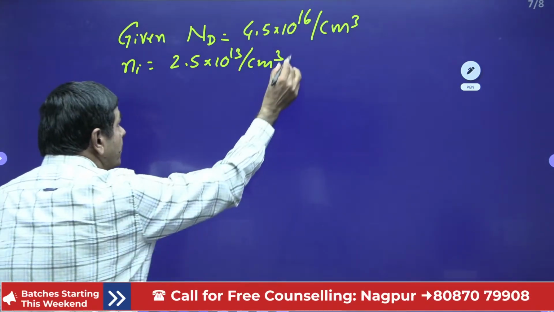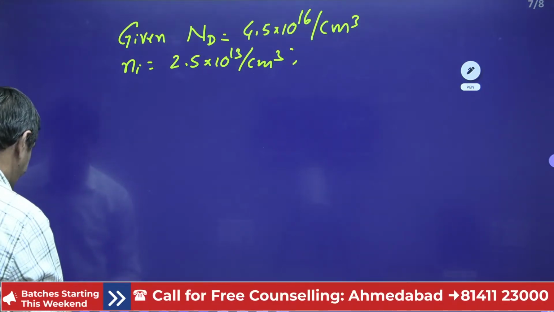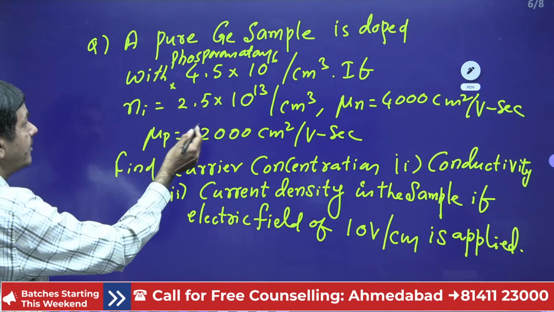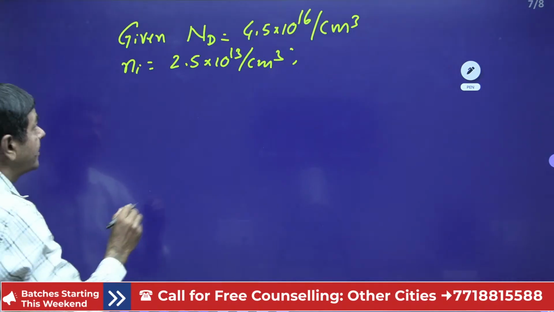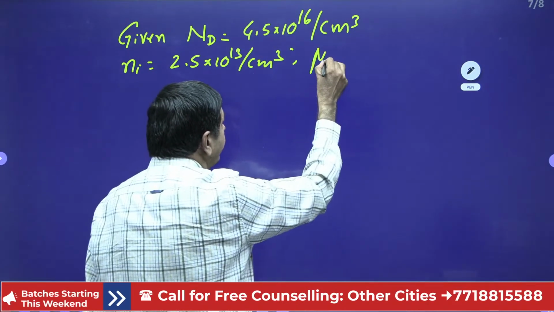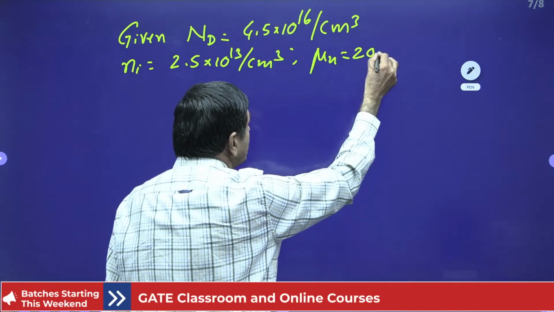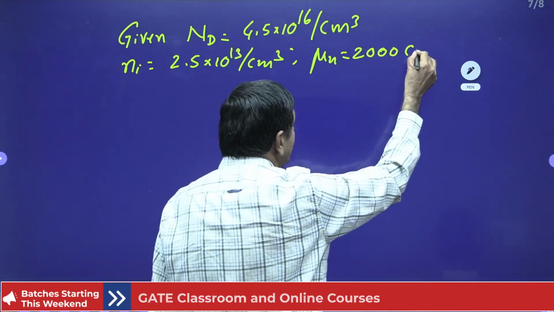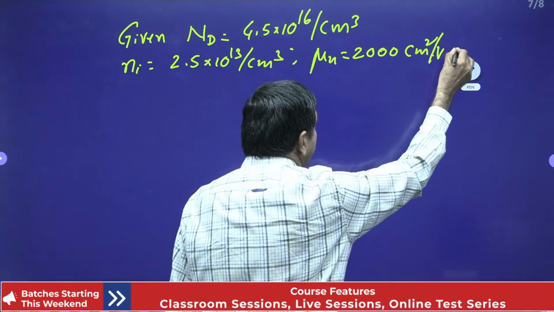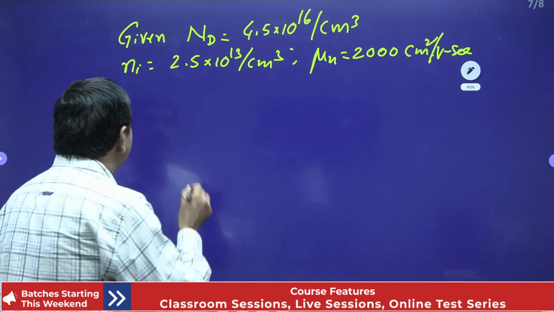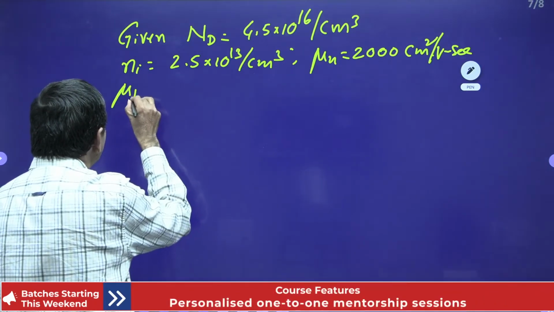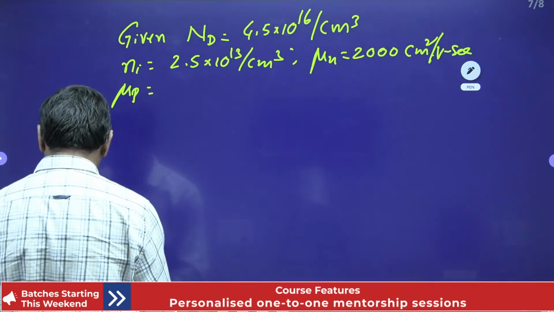And in the problem, mu n and mu p are also given. Mu n equal to 2000 cm² per volt second. And the mobility of holes is also given.